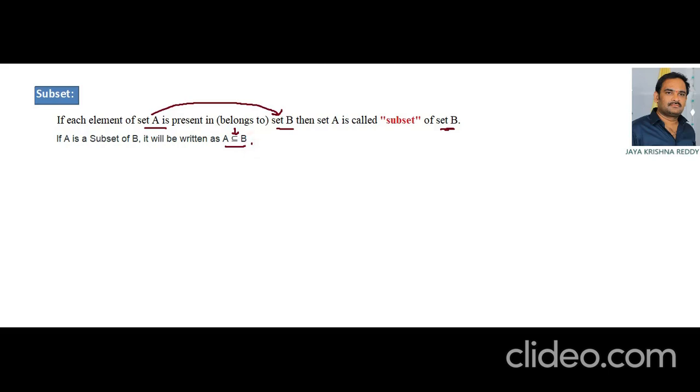For example, here we have taken two sets, set A having elements 1, 2 and set B having elements 1, 2, 3, 4.